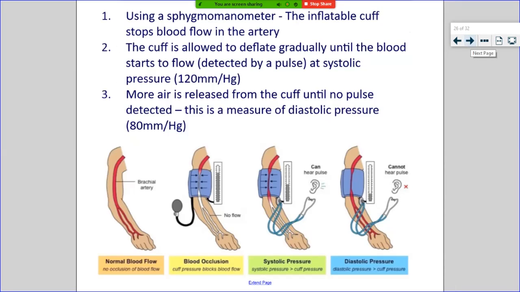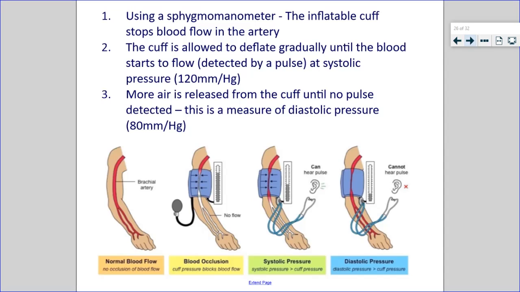So you measure your blood pressure using a sphygmomanometer. Basically you put a cuff around your arm, inflate it, put air into it, and that blocks or stops the flow of blood through an artery. And then gradually the pressure is released in the cuff. It's gradually deflated until you can detect a pulse.